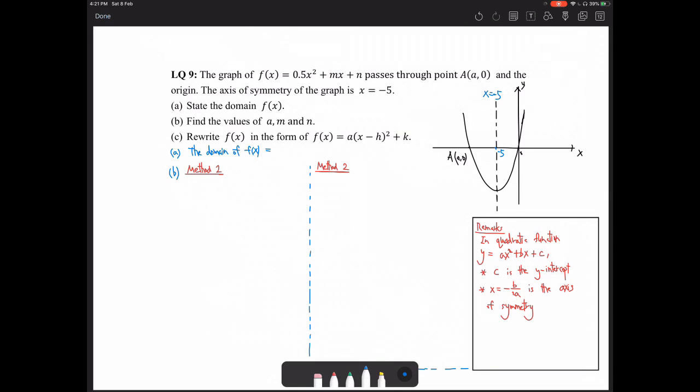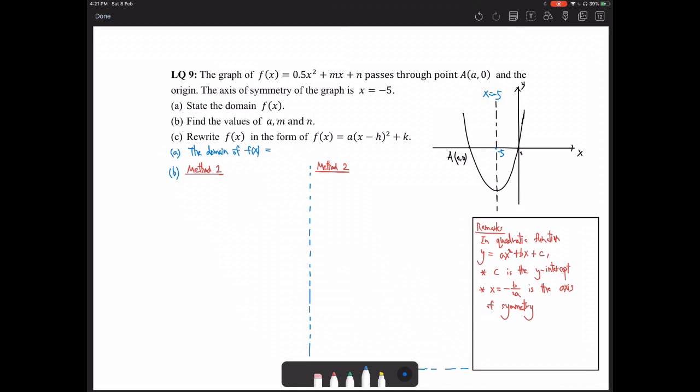Can x be a negative number? Like, can we substitute x equals -2 into this function? Yes, we can, right? Or we can substitute x equals 0 into the function. Or we may substitute a positive number into the function, right? So there is actually no restriction on x.